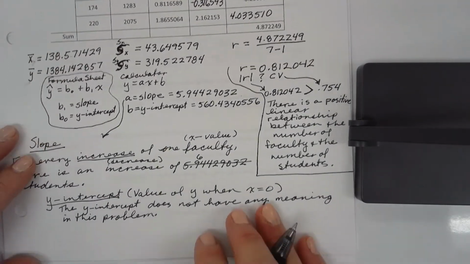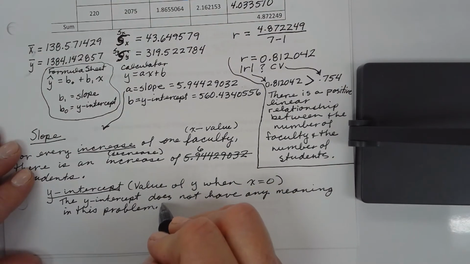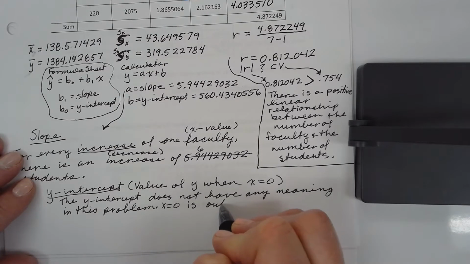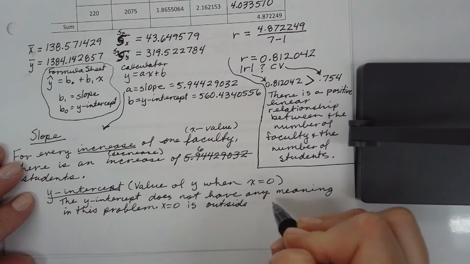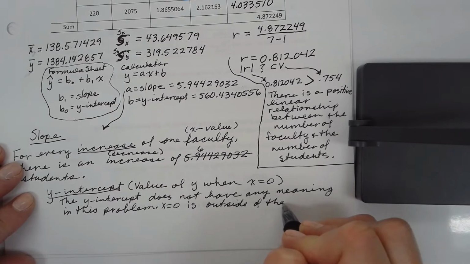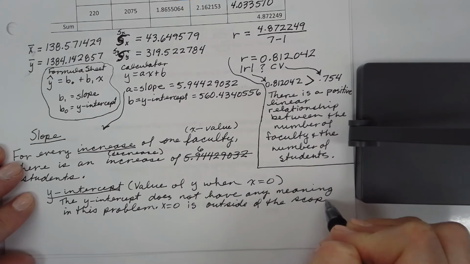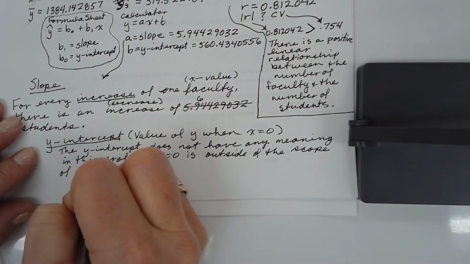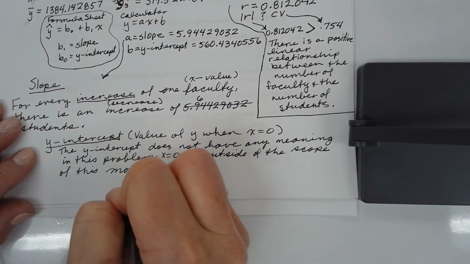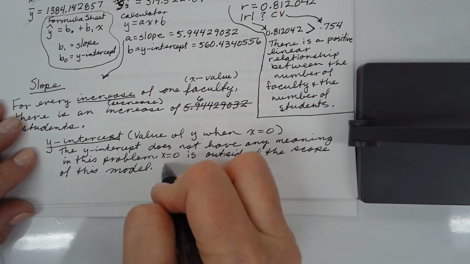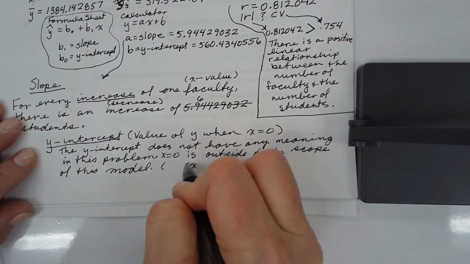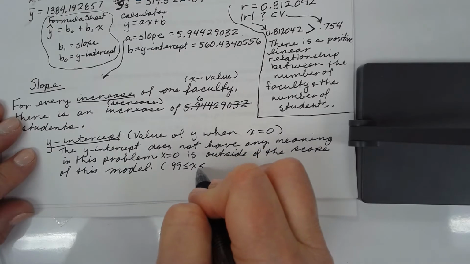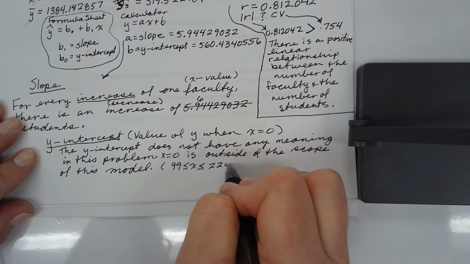Okay, so you could say that x equals 0 is outside of the scope of this model. And that's because we only have x values between 99 and 220. Okay?